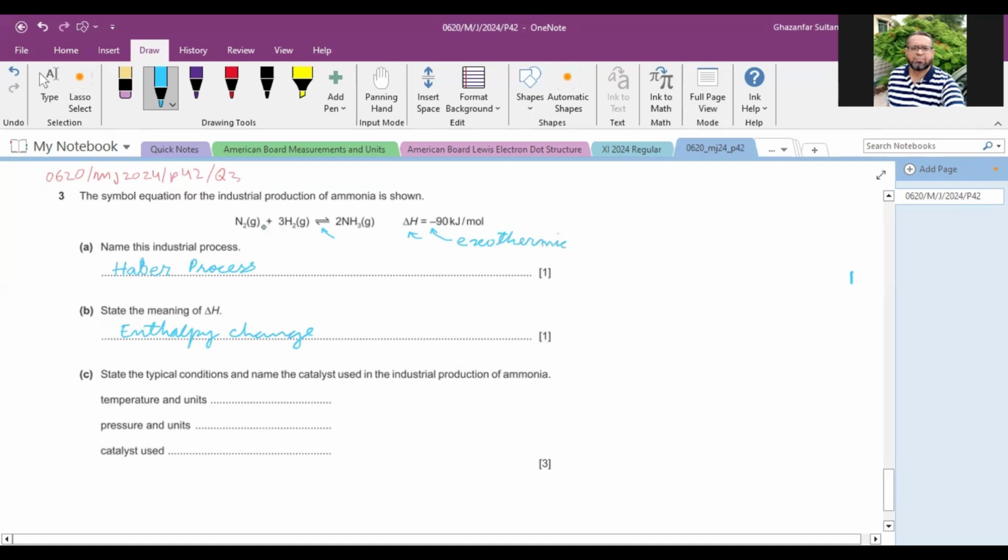Or in other words, the total chemical energy of nitrogen and hydrogen is more than the total energy of the ammonia produced here. I'm sorry, the total energy of nitrogen and hydrogen is greater as compared to the total energy of ammonia.